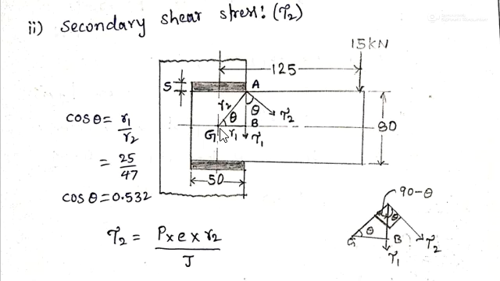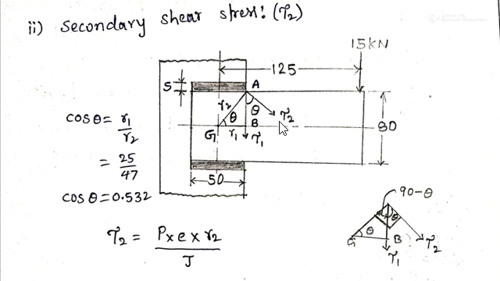Why? Because from the center to this point we find the longest length. If we take these corner points, we get more length, so we select the one corner point where this length is maximum. This point becomes the critical point, where we get the maximum secondary shear stress.